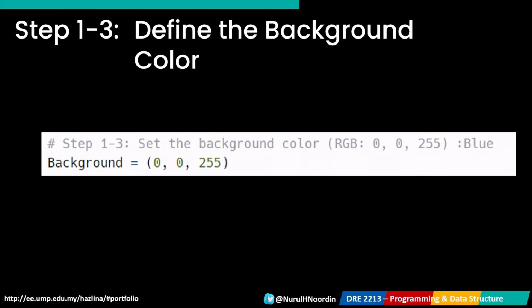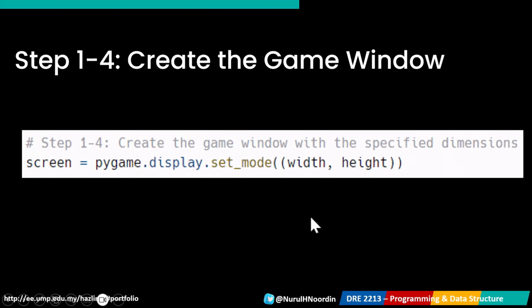Colors are represented as RGB values, where each component represents red, green, and blue, and ranges from 0 to 255. For example, we'll use a bright blue color for our background. Hence, the value is 0, 0, 255.